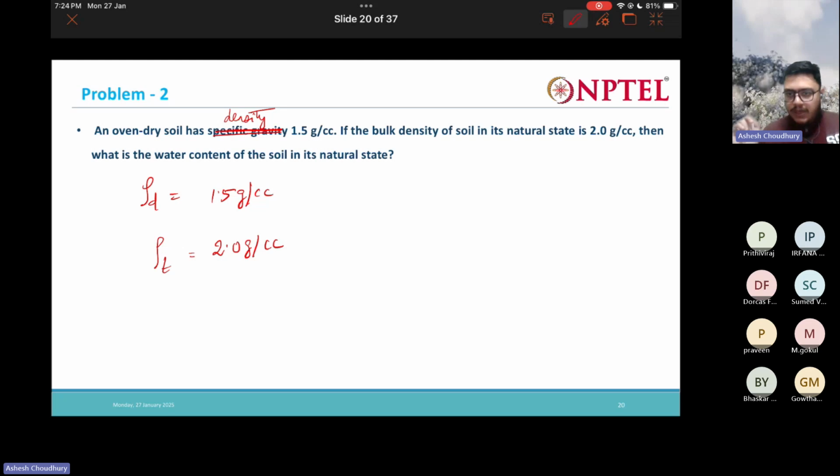Okay, Gautam, you have identified correctly that we have to use this relation, but the relation you have written is not correct. So let us see that. Sigma t is given as 2 gram per cc.